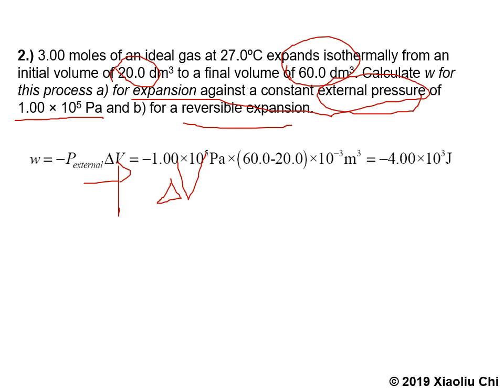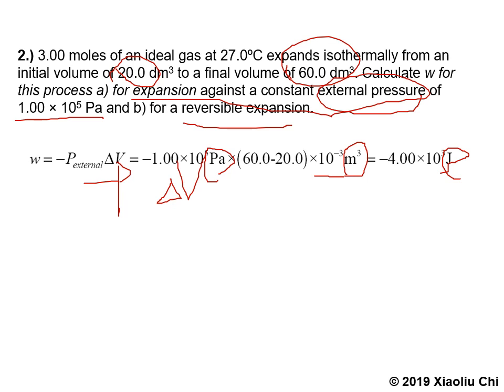The cubic decimeter you need to multiply by 10 to the minus 3 to change to cubic meter, so that Pascal, SI unit, cubic meter, SI unit, and that gives you joule. Okay, so that's A, constant external pressure.